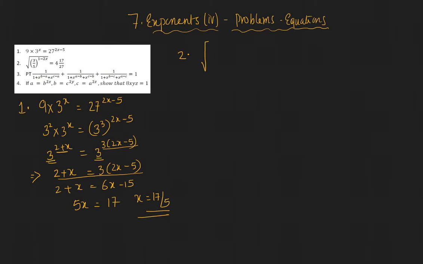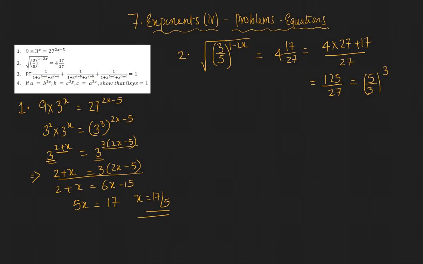Square root of 3 by 5 power 1 minus 2x is equal to 17 by 27, and that'll be equal to 4 into 27 plus 17 divided by 27, and that is 125 by 27, that is 5 by 3 the whole cube.